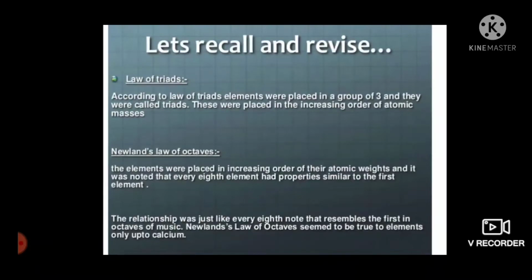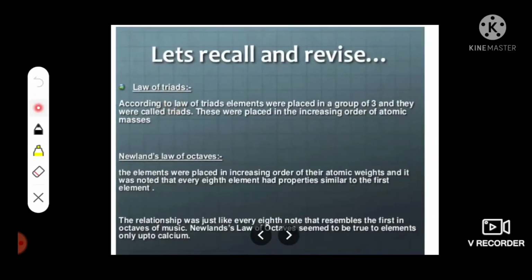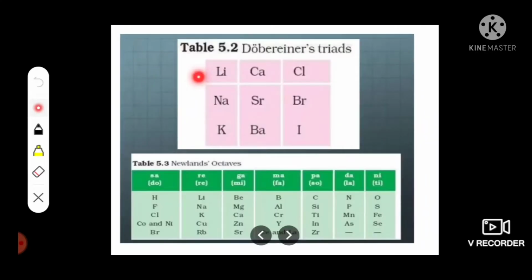The three elements in a triad had similar chemical properties. These were placed in the increasing order of atomic mass, and the atomic mass of the middle element was found to be approximately equal to the arithmetic mean of the other two elements.